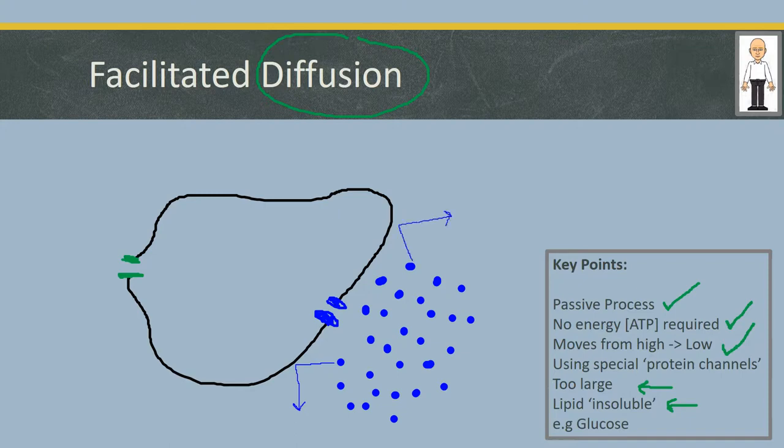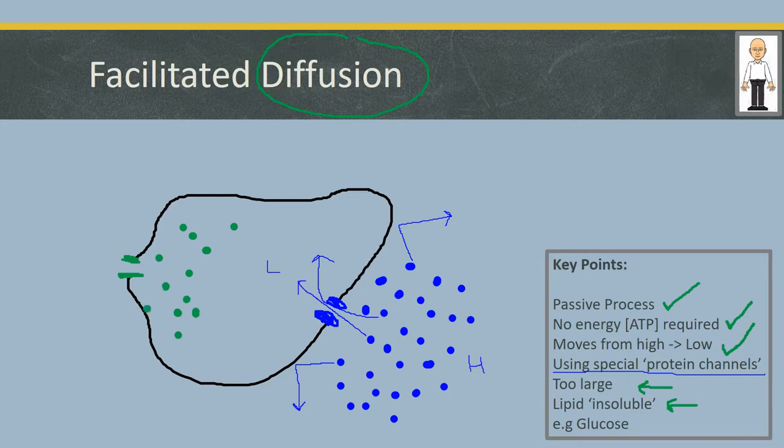So how does it get into the cell? Well, you can obviously guess, we've already said it, or it's in the key points. It uses special protein channels. So it goes from areas of high to low concentration using these protein channels. It bypasses the properties of the cell membrane so that these molecules can move from high to low. Now, alternatively, and just for an example, it can move the other way.